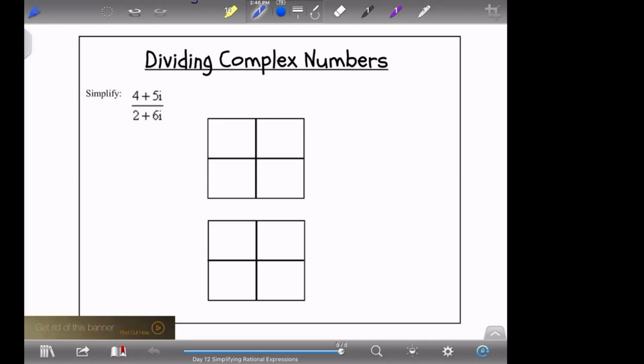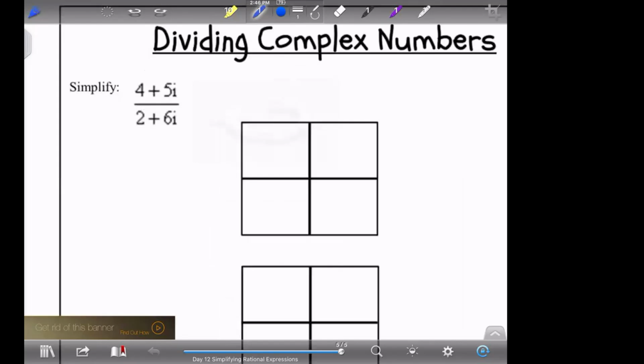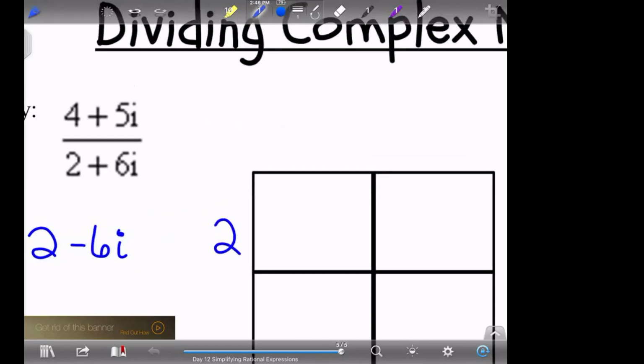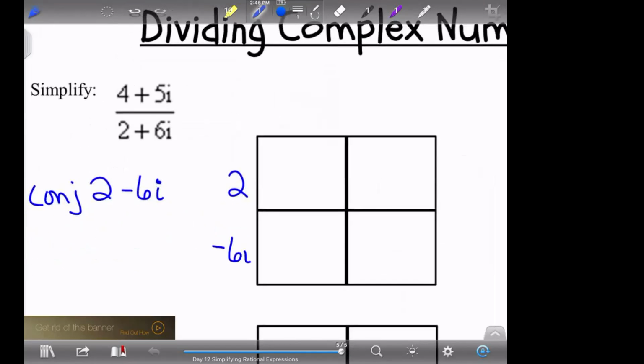All right. So looking at this question, hopefully the first thing you did was look to find the conjugate, 2 minus 6i. What that means is we're going to take both the numerator and the denominator and multiply them by 2 minus 6i.